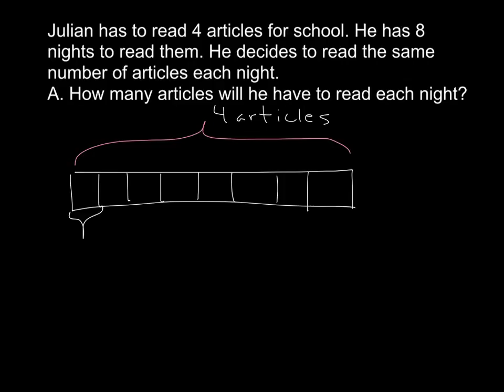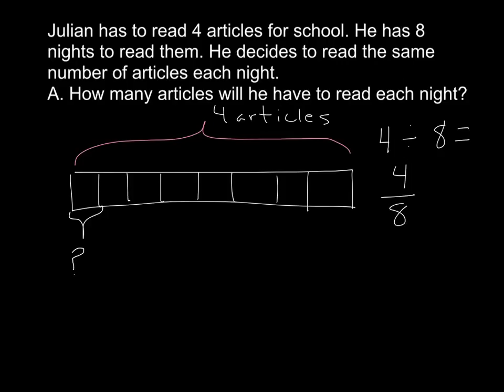So we want to know how much of an article he will have to read every night. So here's the tape diagram. My whole is 4. It's divided into 8 parts. And my expression is 4 divided by 8, which as a fraction looks like 4/8.